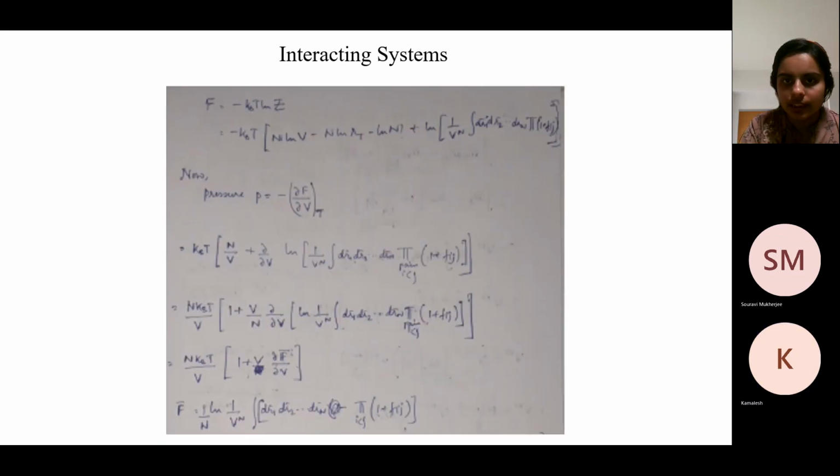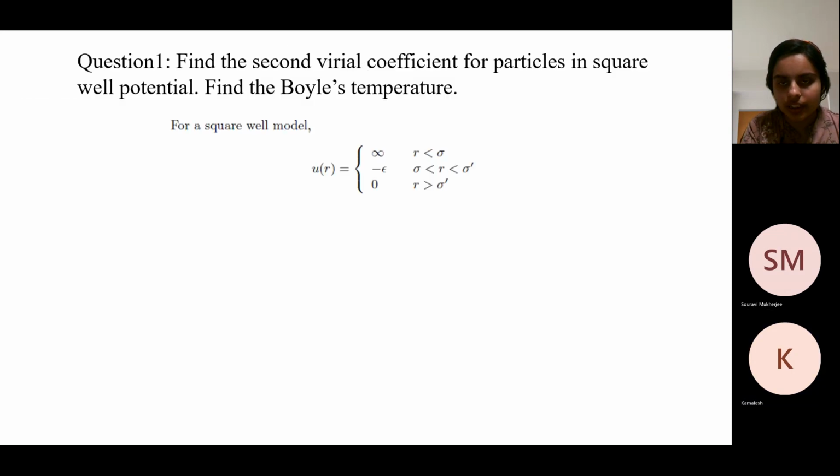For example, in the question, for r less than sigma, your v is infinity. So that means when you write the expression for f of r, it will be e to the power minus beta infinity minus 1 for r ranging from 0 to sigma.